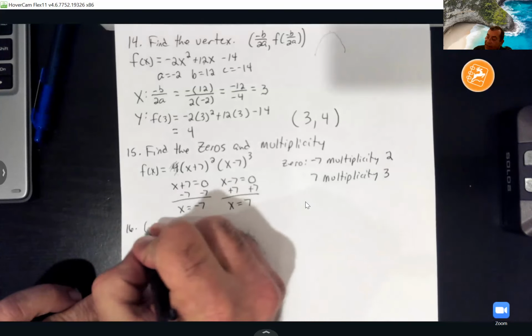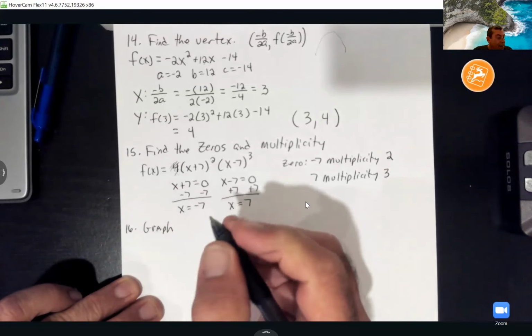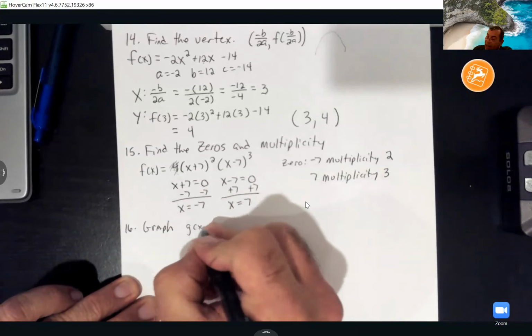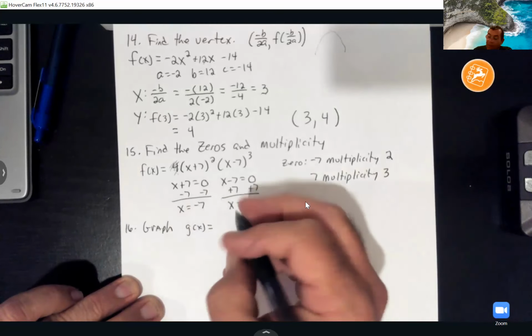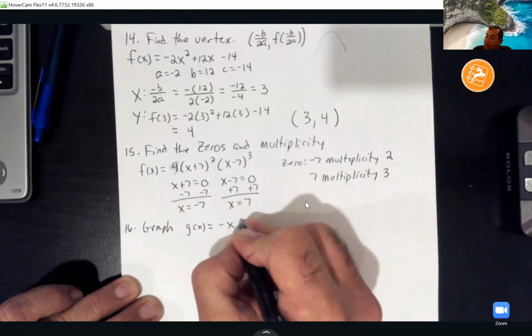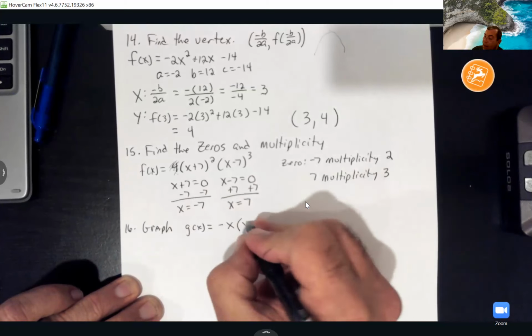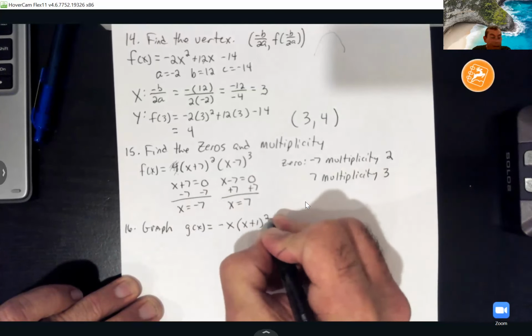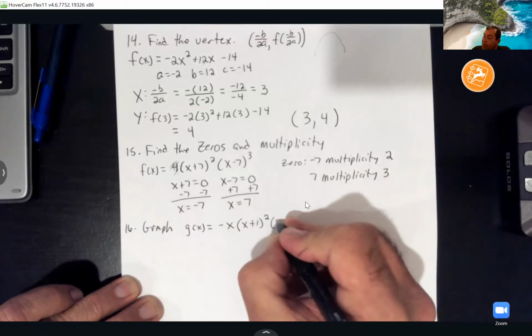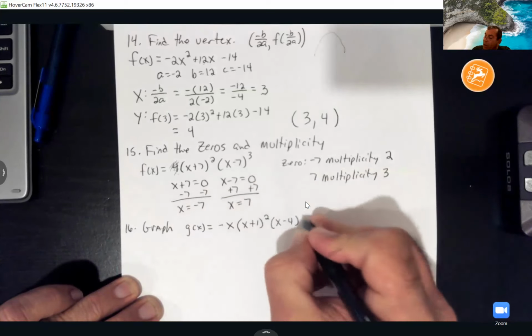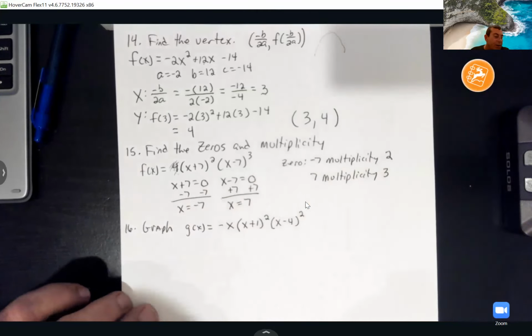All right, 16 says graph. They're giving us g of x equals -x times (x plus 1) squared times (x minus 4) squared. Now, y'all, here's the thing on this one.